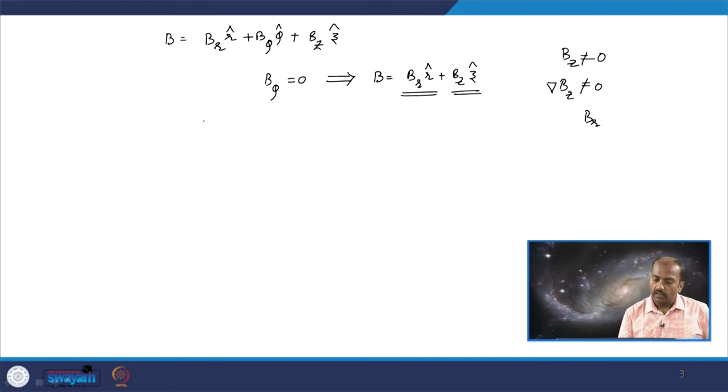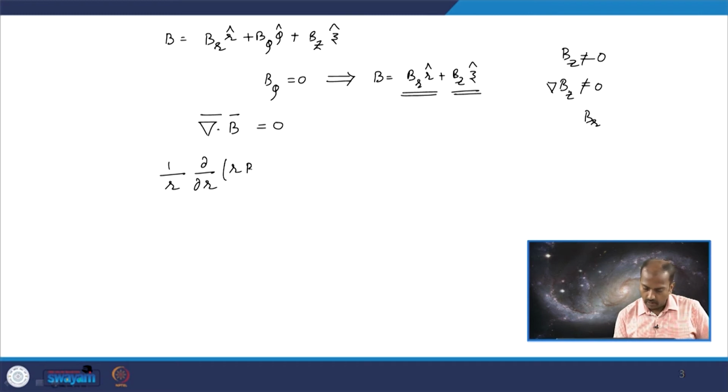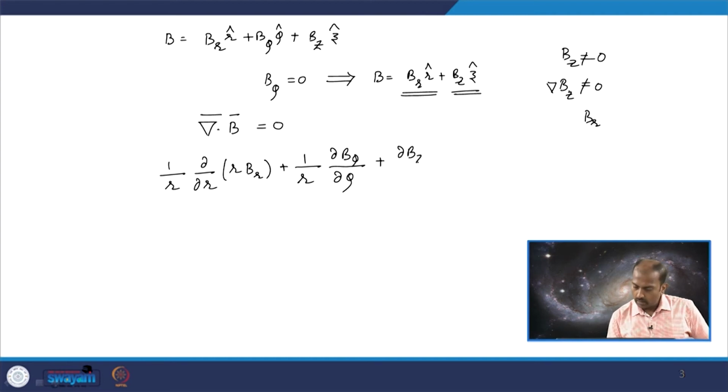Simple, we will say that the divergence of the magnetic field, the dot product, should be 0. Okay. So, how do we write it? We write it as 1 by r dou by dou r of r Br plus 1 by r dou B phi by dou phi plus dou Bz by dou z is equal to 0.